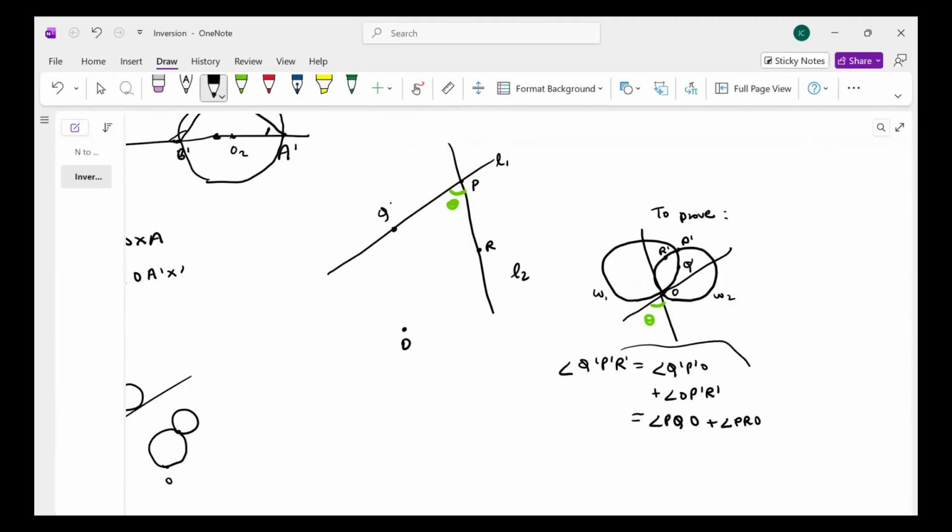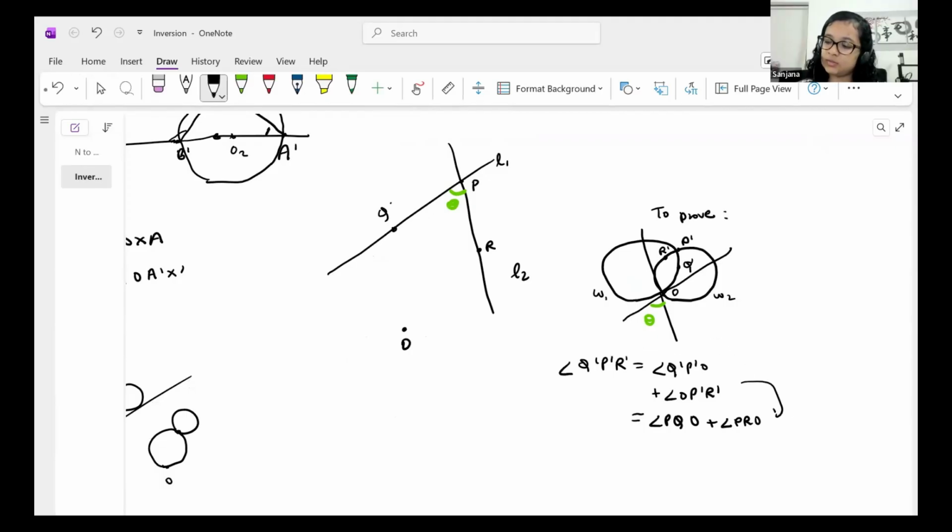So this is implied directly. So we have PQO plus PRO, and this is 360 minus theta minus angle QOR, which is 360 minus theta minus angle Q prime OR prime.